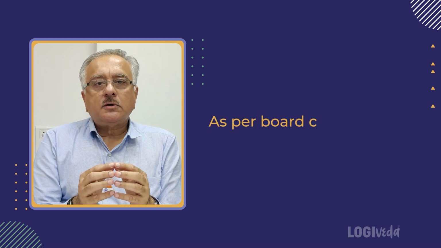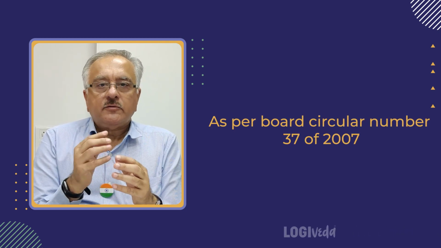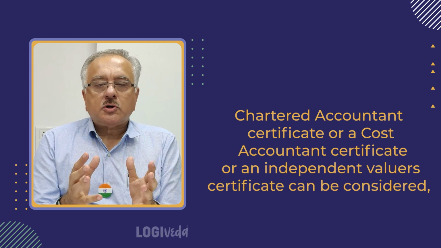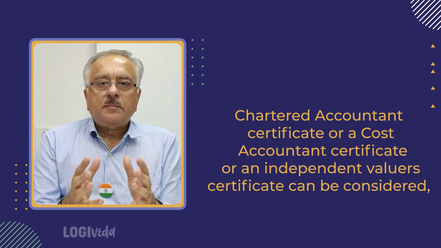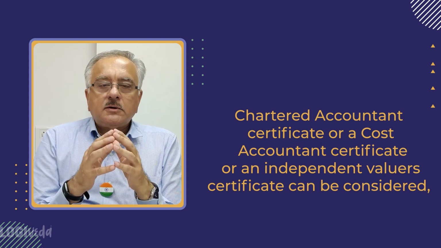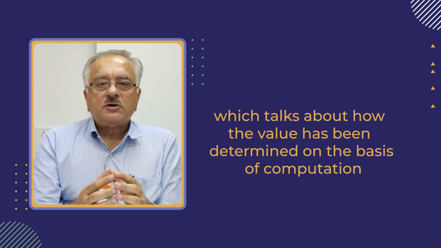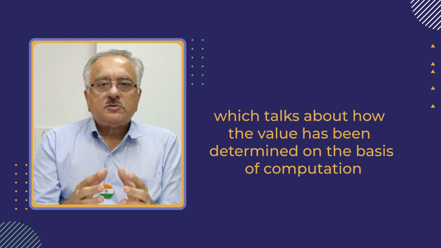As per Board Circular number 37 of 2007, a Chartered Accountant Certificate or a Cost Accountant Certificate or an Independent Valuer Certificate can be considered, which talks about how the value has been determined on the basis of computation.